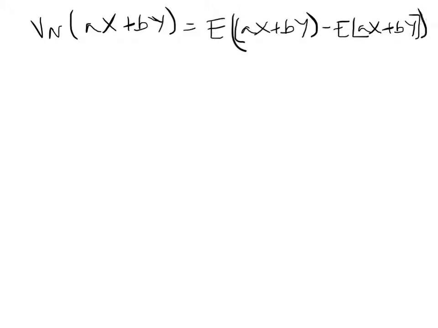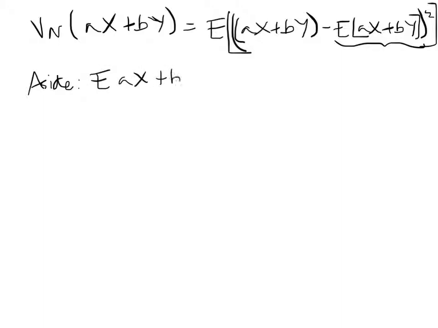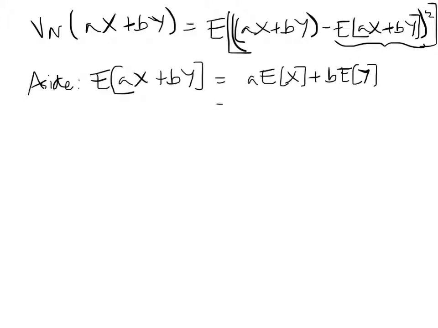And then we have to square the deviation and take the expectation of it. Well, what exactly is that quantity? Here's our aside. We know from the properties of expectations that this expectation is equal to a expected value of x plus b expected value of y, which I'm now going to call a mu x plus b mu y.